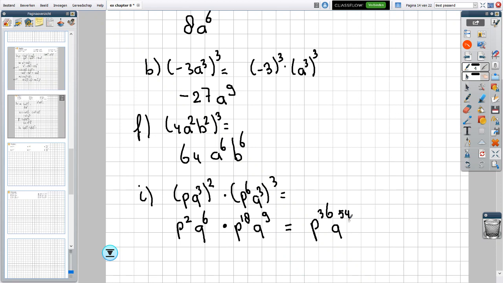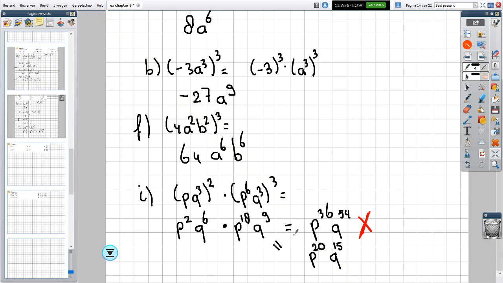But that's in this case incorrect, right? Because I am talking about multiplication right now. So I'm not going to multiply the exponents, I'm now going to add them. So the correct answer is going to be p to the 20th power, 2 plus 18, and q to the 15th power, 9 plus 6.